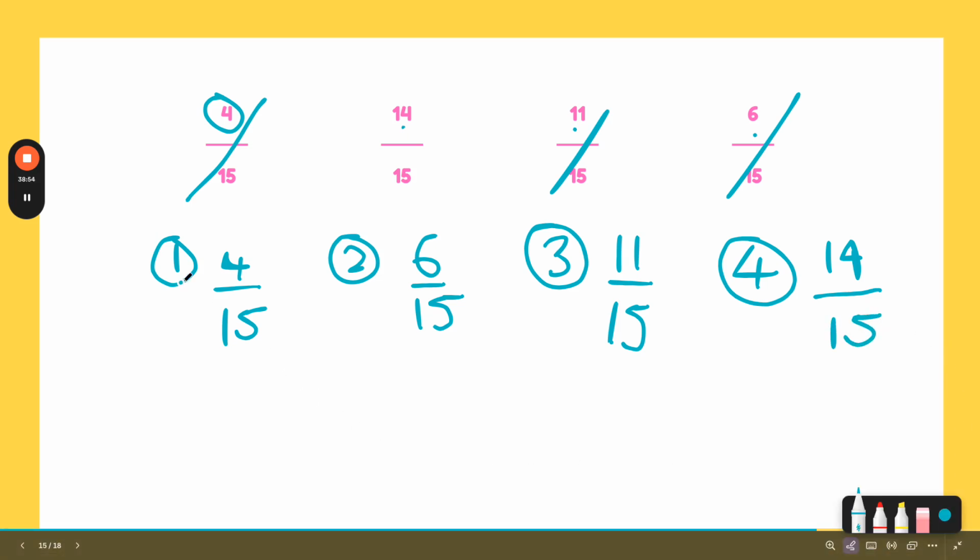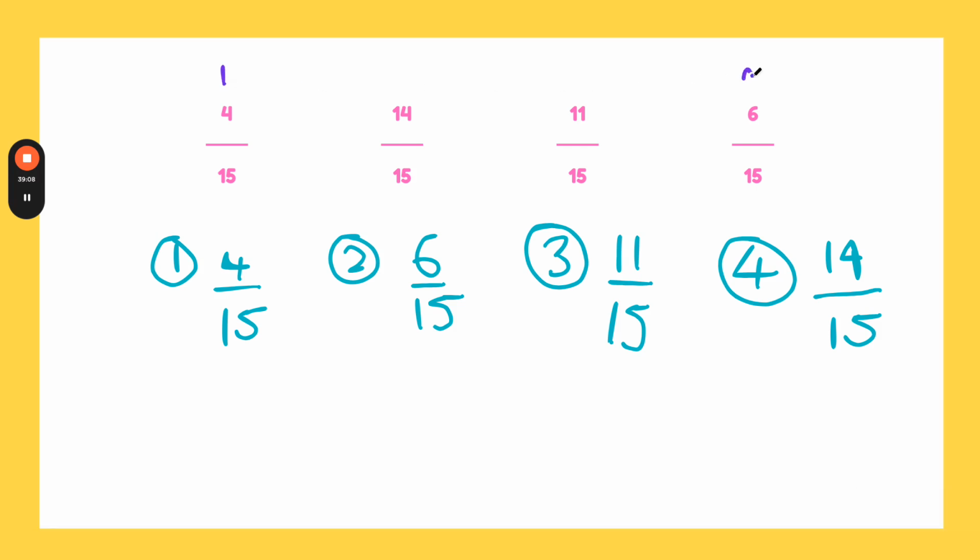So smallest is 4 over 15. The next smallest is 6, because 4 is the smallest number, which makes this fraction the smallest. Then 6 is the next smallest, so 6 over 15 will be our next smallest.